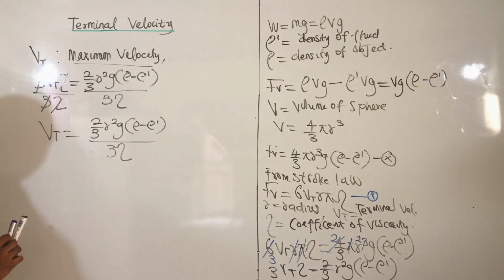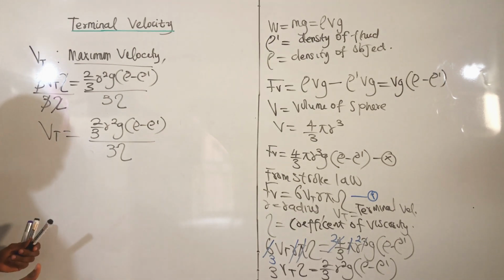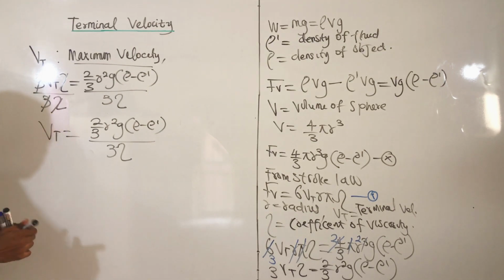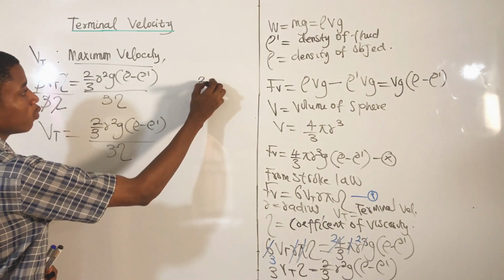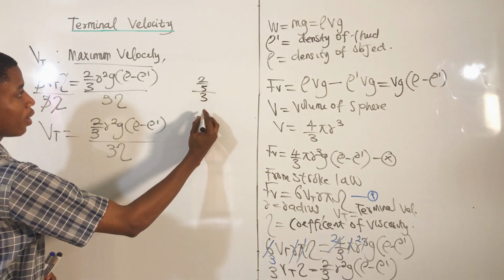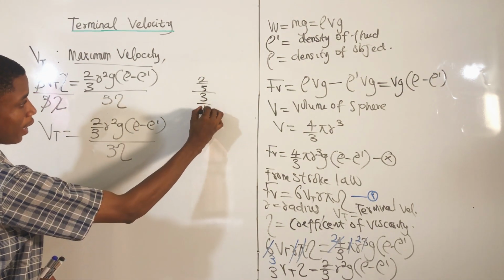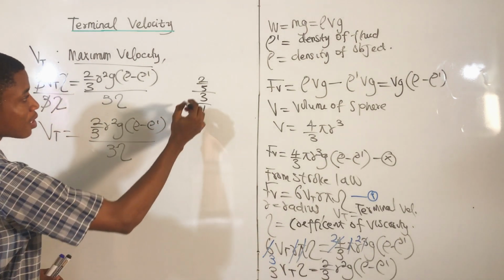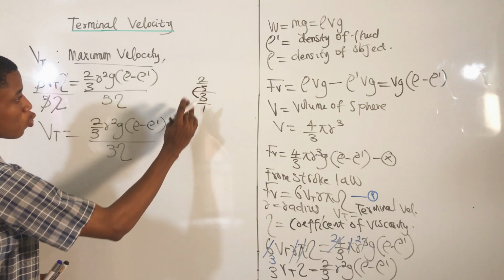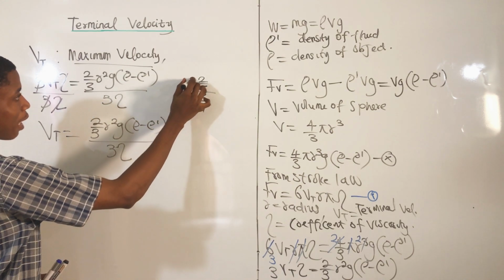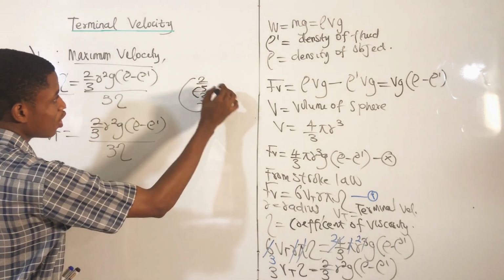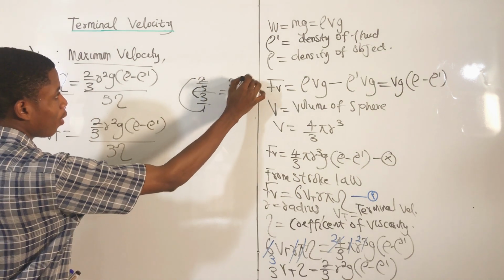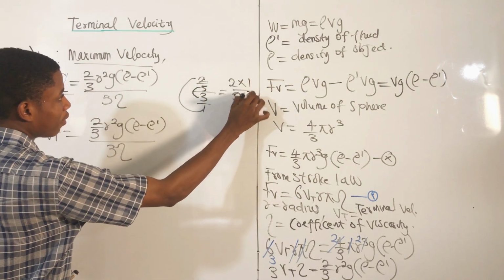When we work on this using the principle of far-near, let me explain that concept. In a case where you have 2/3 divided by 3, you put over 1 here and you invoke the law of far-near, which states that the two near components will multiply each other and the two far components will multiply each other. So it becomes 2 multiplied by 1 over 3 multiplied by 3.